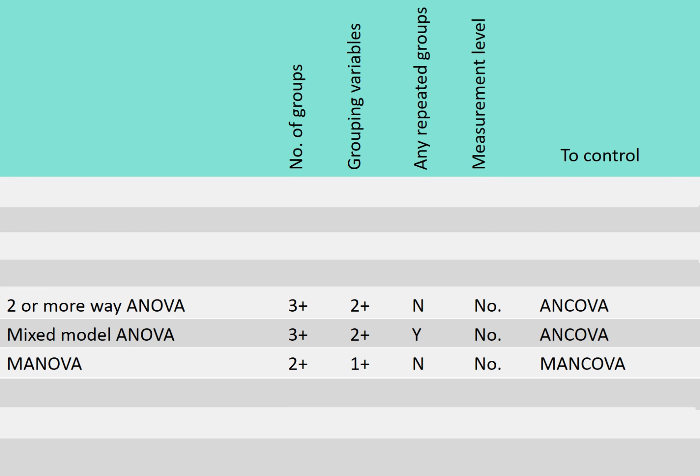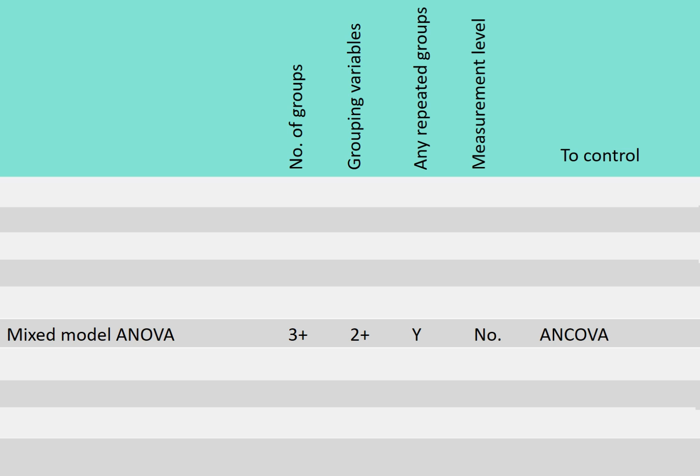Furthermore, at least one of the grouping variables is repeated. That is, it's the same participants who are measured one day before, one day after, and 100 days after consuming ice cream. Therefore, according to this table, we need to utilise a mixed model ANOVA. Now, specifically, because the design comprises 2 grouping variables, time and gender, the technique is also called a 2-way mixed model ANOVA.